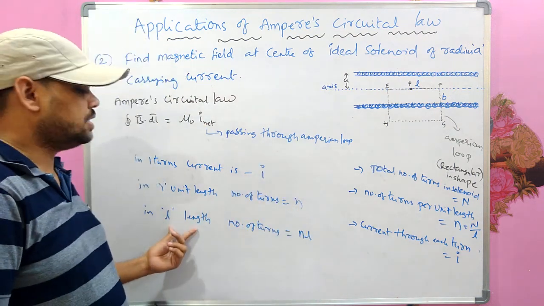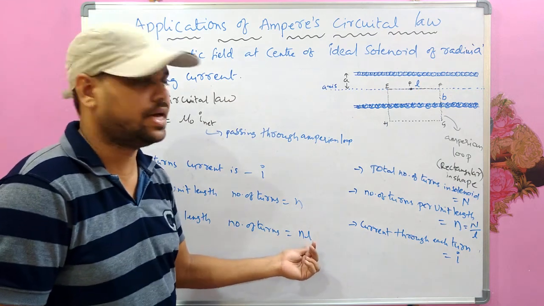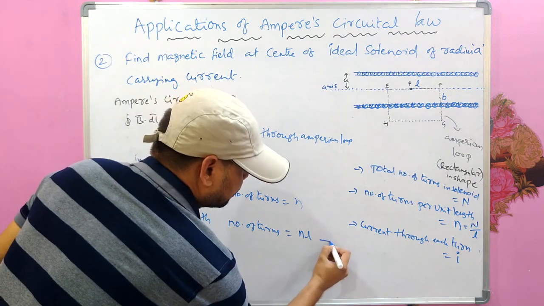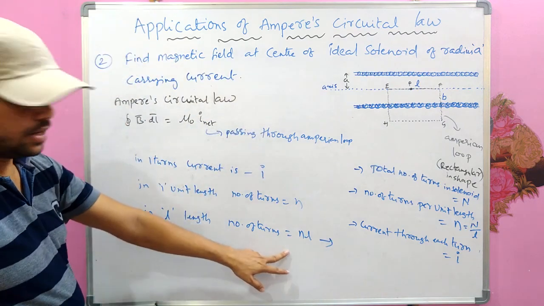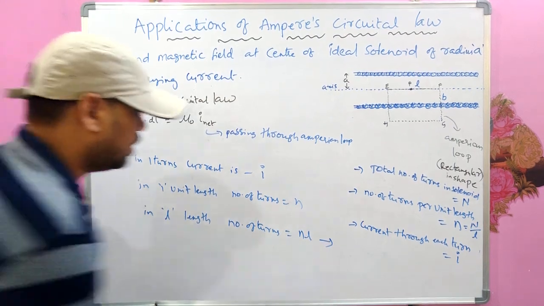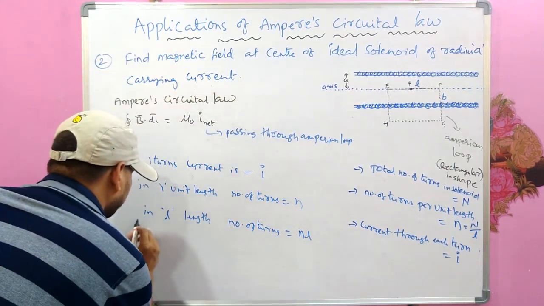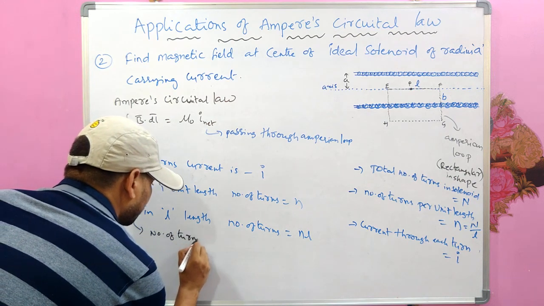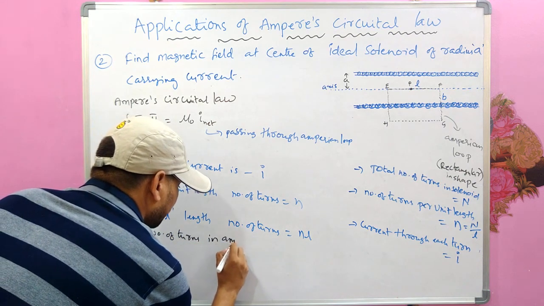Then in L length, how many turns should be there? nL. So this is the number of turns in the Amperian loop.